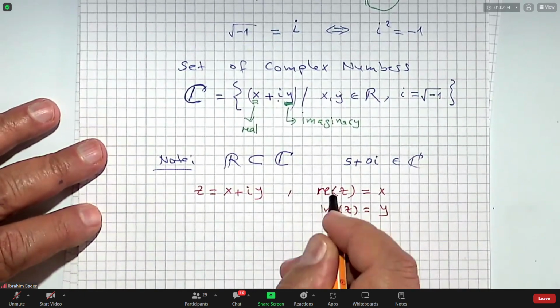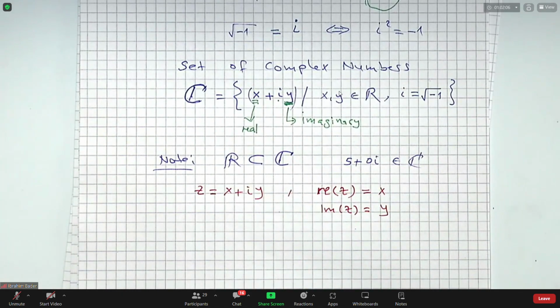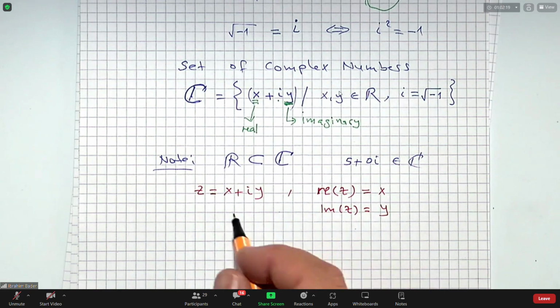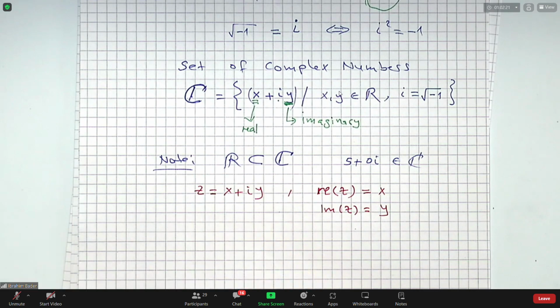So just to refer to these two components, real and imaginary. It's just a notation. So whenever I have a number in C, I am going to use Z, and Z will have components x and y.